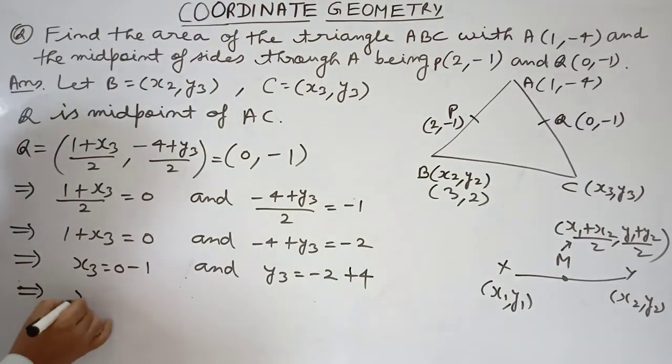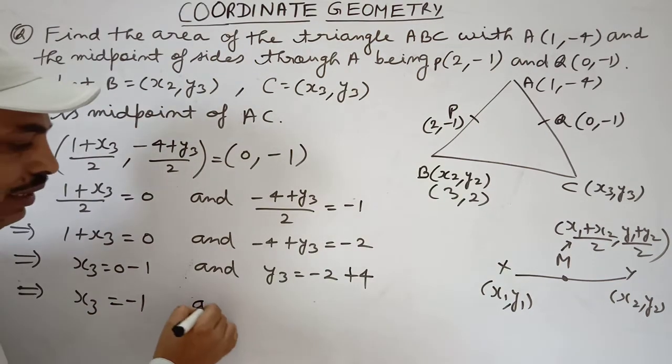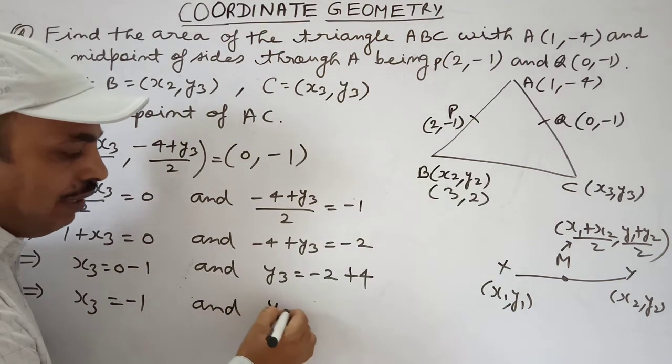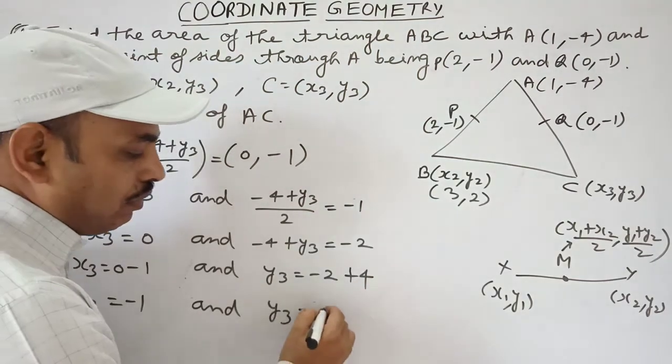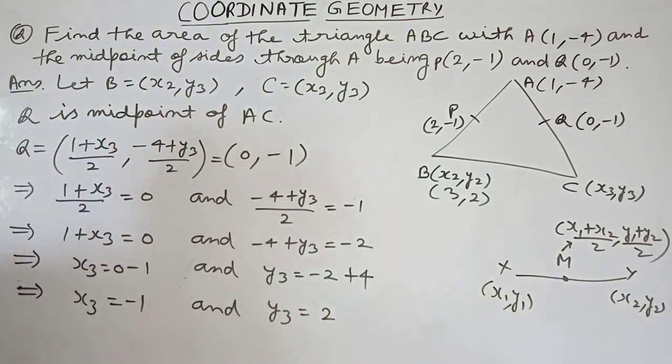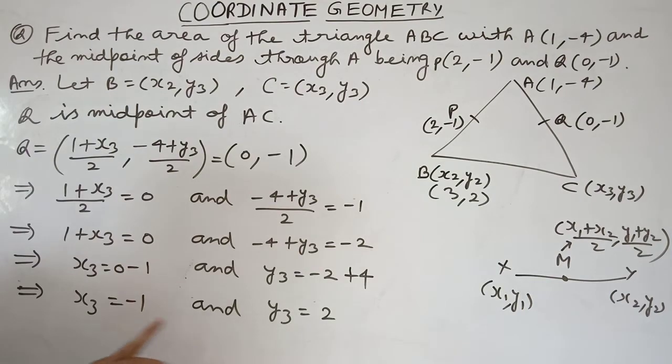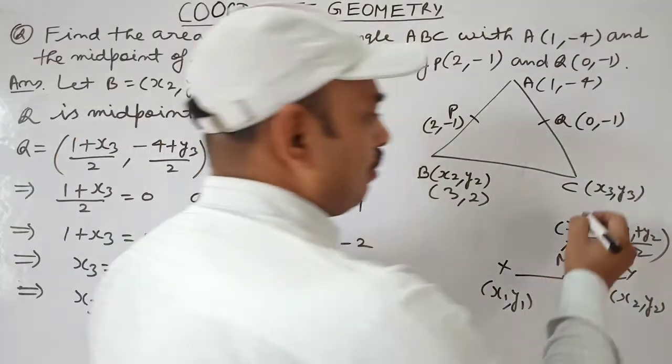This implies x3 is -1 and y3 is -2 plus 4, which is 2. So the values of x3 and y3 are -1 and 2.